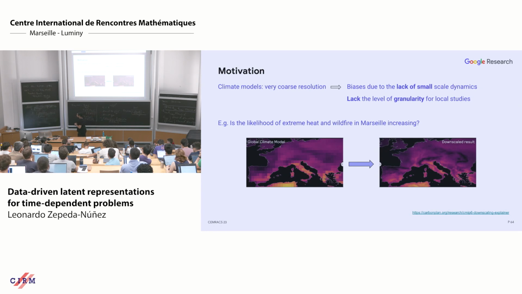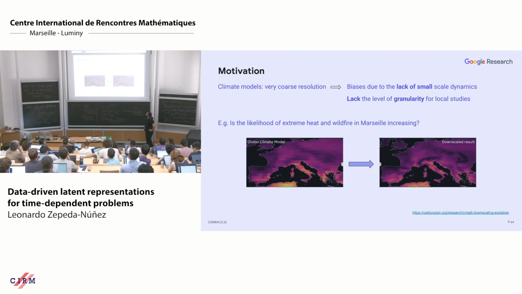And the second thing is that the output is useful, but not that useful, in the sense that there are so many things that are very local. For example, wildfires or floods are very local, small geographically localized events. So for example, this is CMIP data.